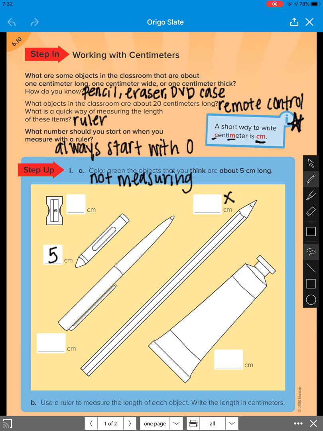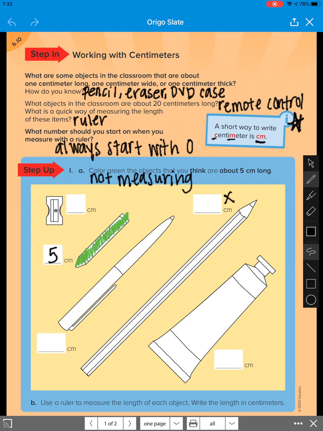So I'm going to write that in there. And then I'm going to color the crown. Okay, then you can go around and continue to color if you think there are any other ones on here that could be 5 centimeters long.